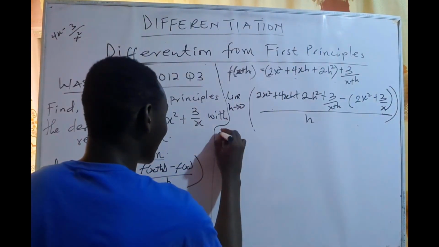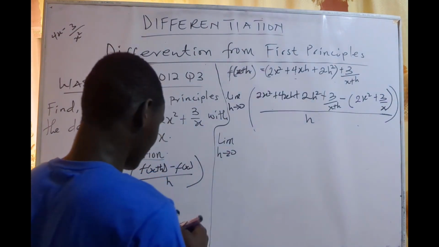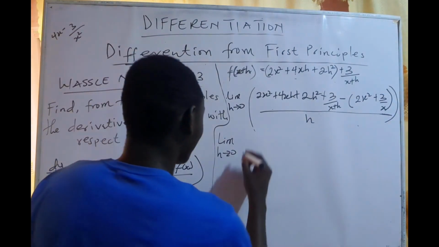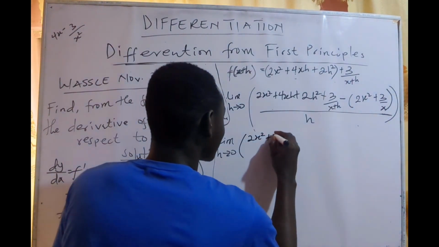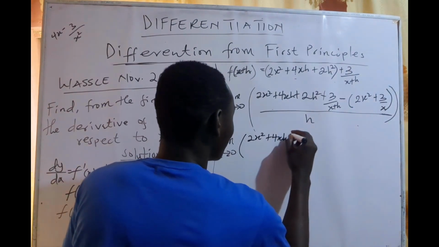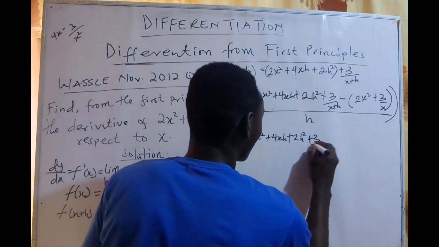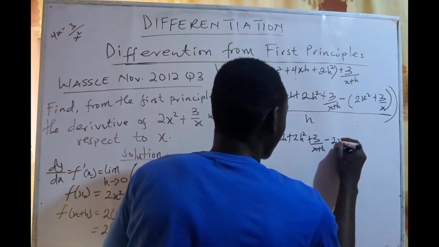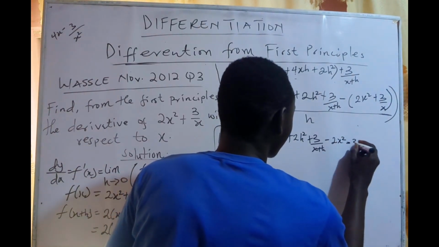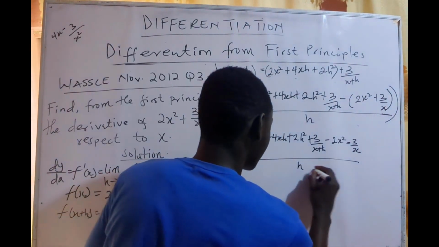So our limit as h approaches 0 of bracket open 2x squared plus 4xh plus 2h squared plus 3 on x plus h minus 2x squared minus 3 on x all over h.